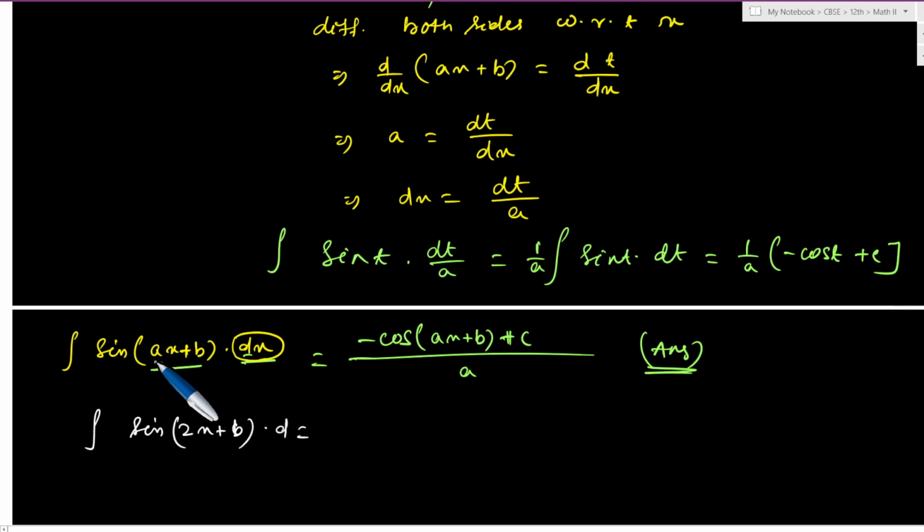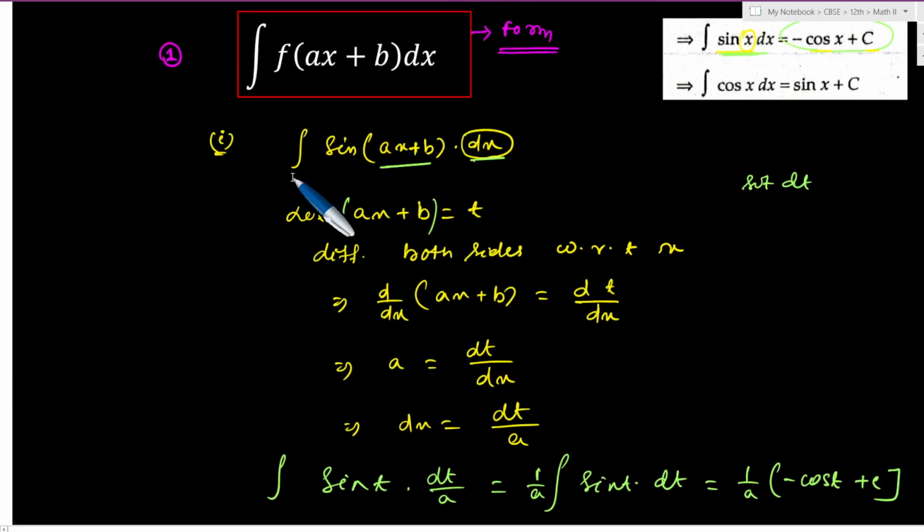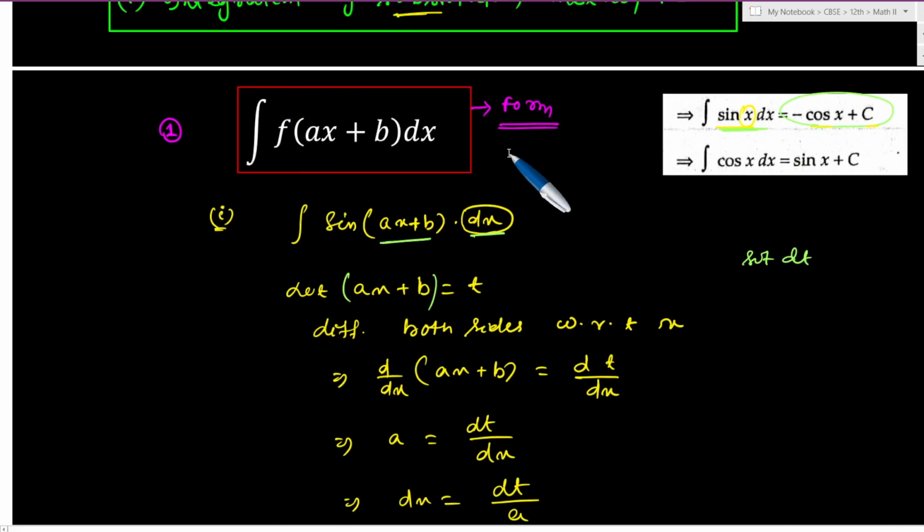Here it is a, that's why a is divided here. So we'll get minus cos of 2x plus b, divided by 2, plus c. You can write it like this. So this is one kind of form, and in this form there are a lot of questions.